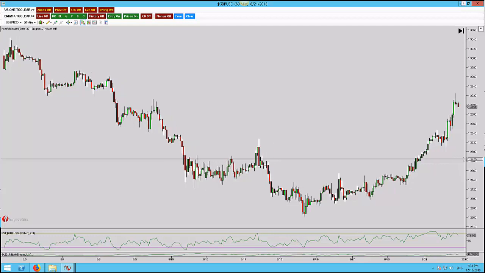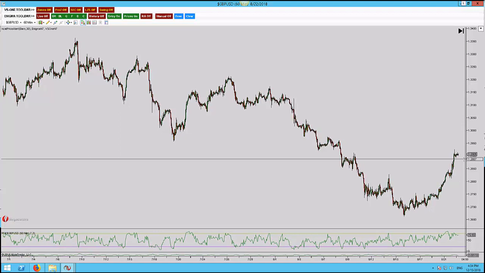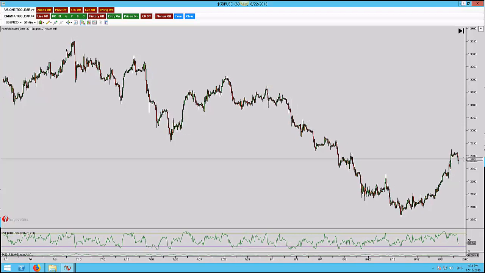Okay, and the daily time frame looks as though it could be bullish for a little while as we go back up into the previous outside return.